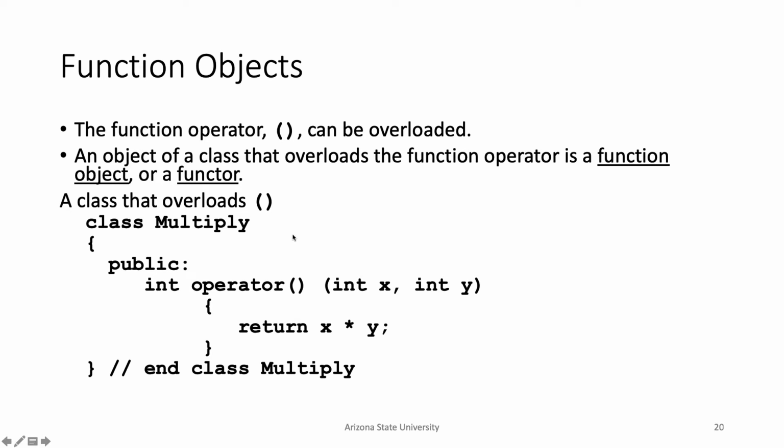And basically what that means is I can treat an object like a function, okay? So here I have a multiply class, and I overload the function call operator, and the function call operator here will take 2 arguments and return the right thing here.